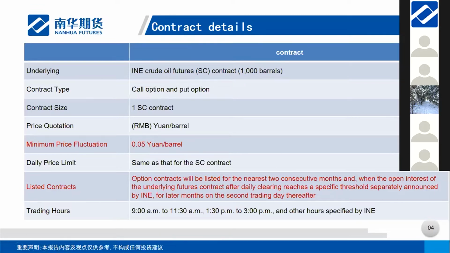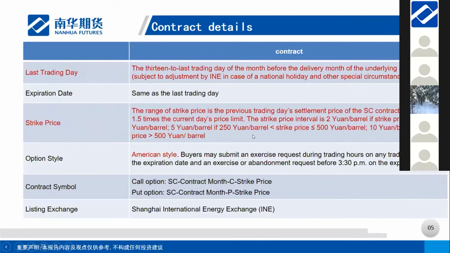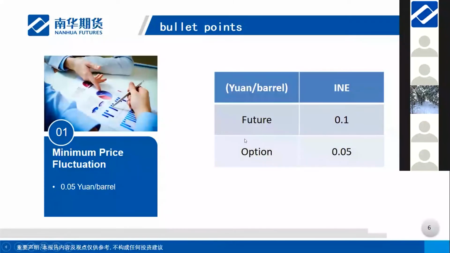So here I want to give some explanation of the minimum price fluctuation number. The quantitative relationship between an option and its underlying futures is delta, as we know. So when we design the contract, the ratio of the option's minimum price fluctuation to that of futures should coordinate with their quantitative relationship.